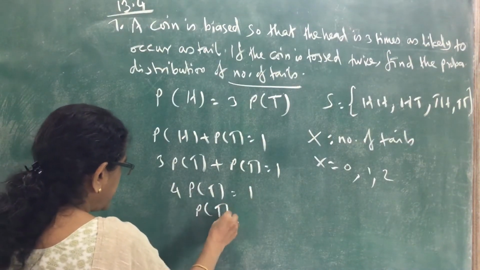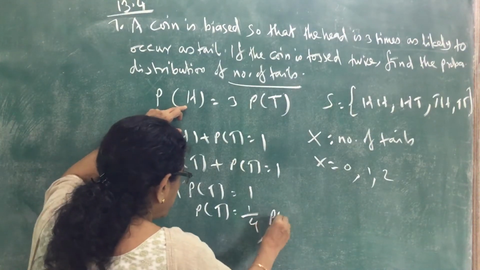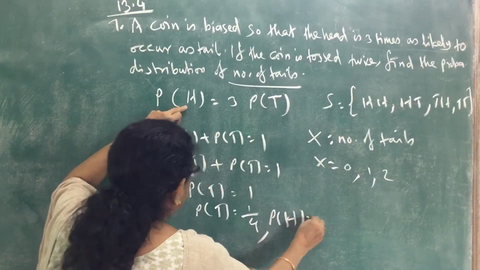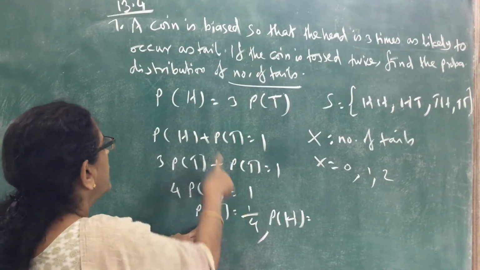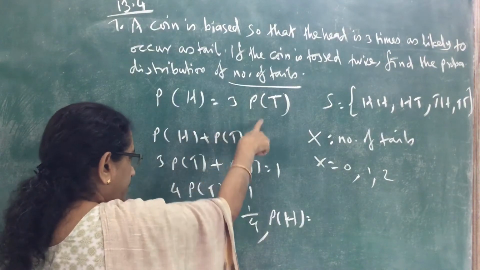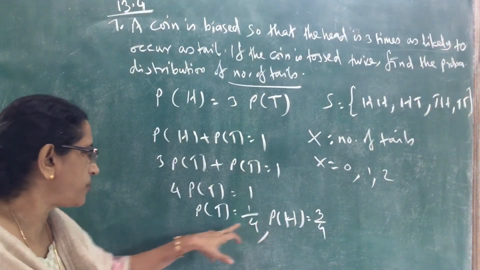That is P(T) equal to 1 by 4. And P(H) equal to 3 into 1 by 4, that is 3 by 4. So this is the probability of head and probability of tail.